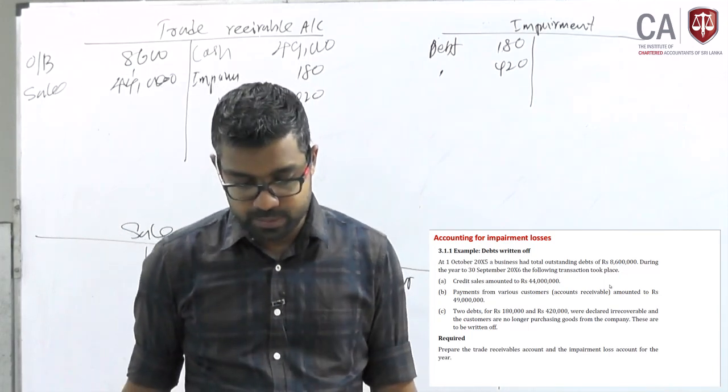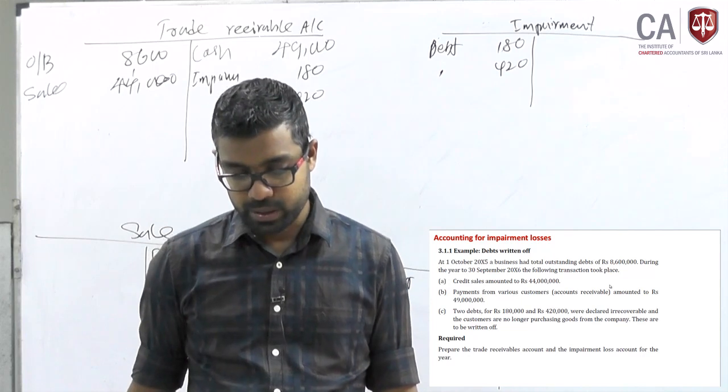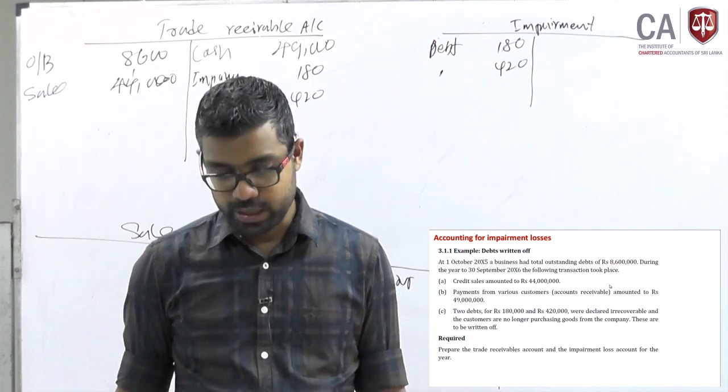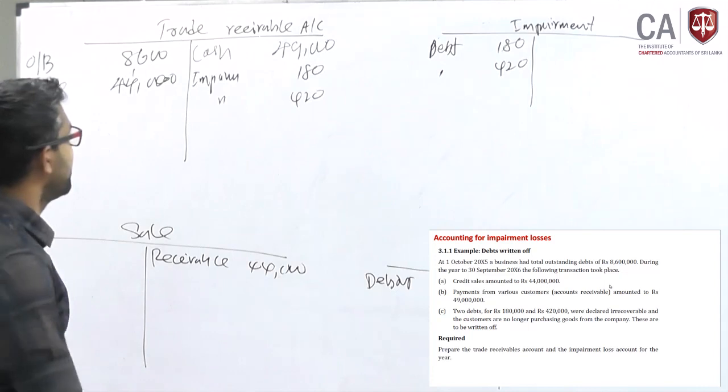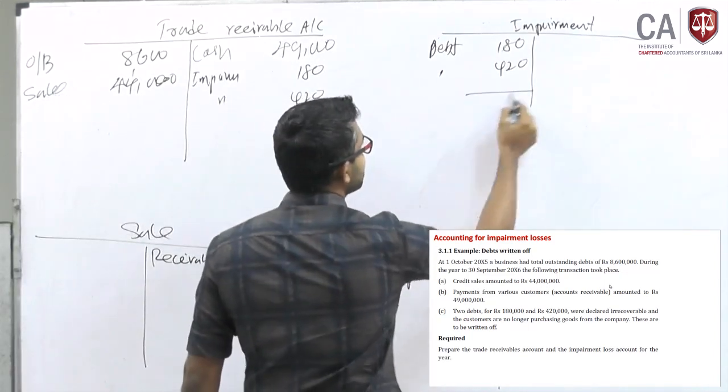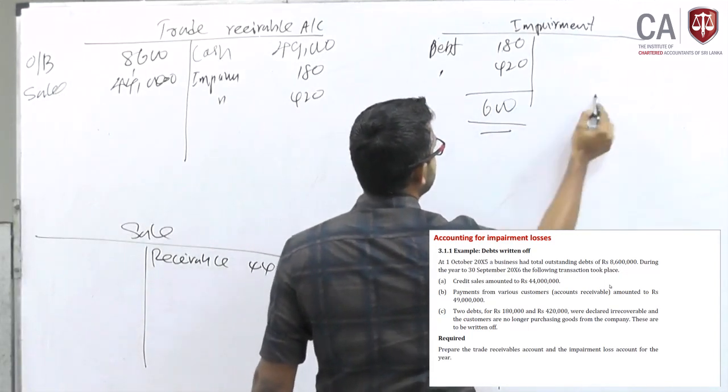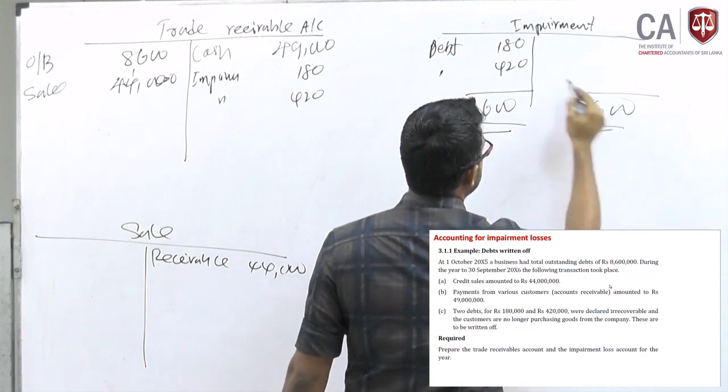So what is the amount that you must show in the balance sheet and P&L? P&L shows 600 as impairment.